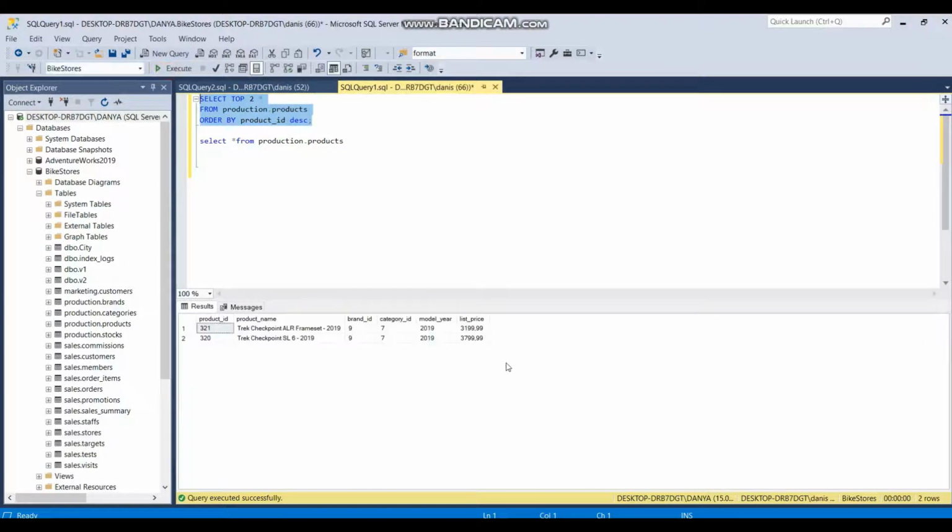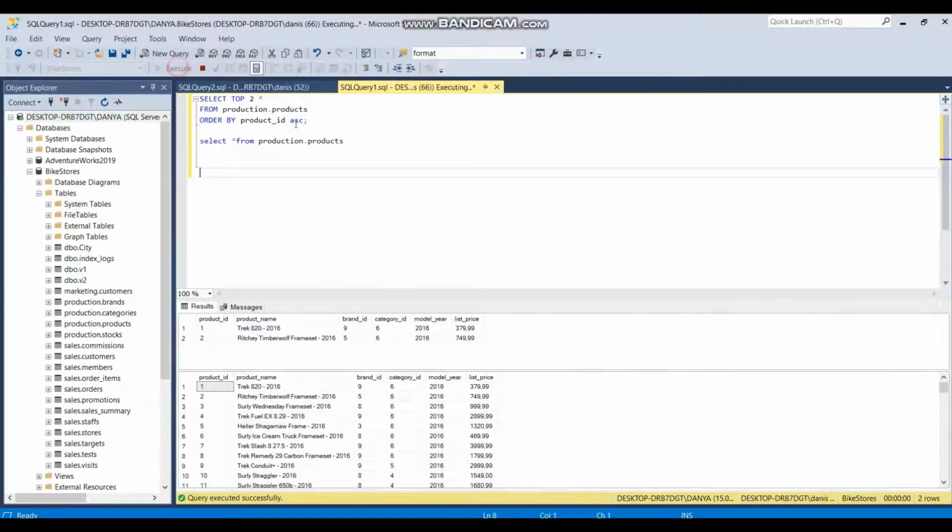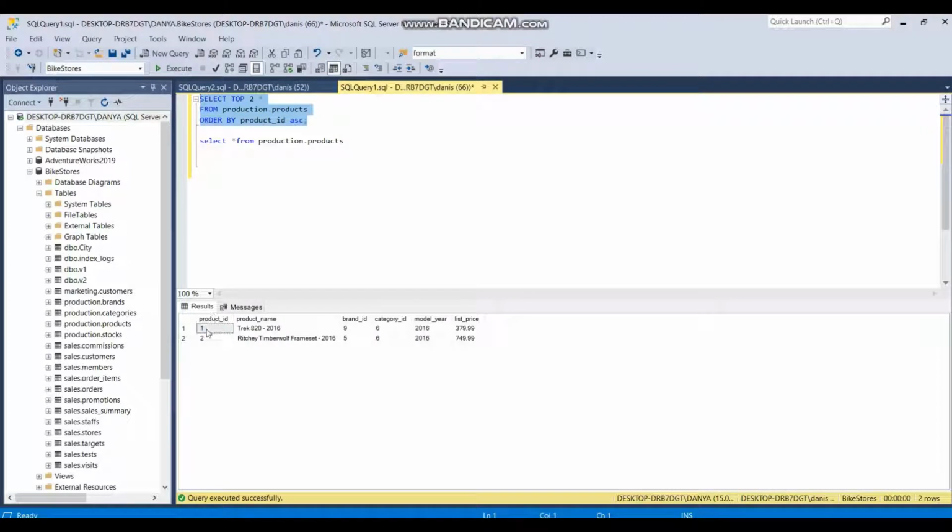If I execute this, the sort means I just want to sort them descendingly. As you can see, the first row is 321 and the other one is 320. Let's say ASC and execute this, and as you can see 1, 2. But I am going to leave it DESC.